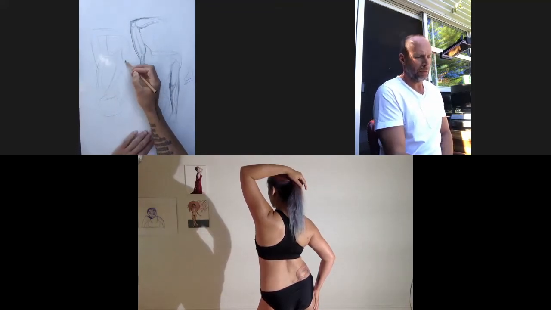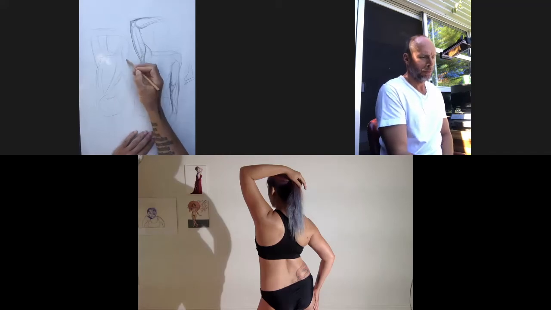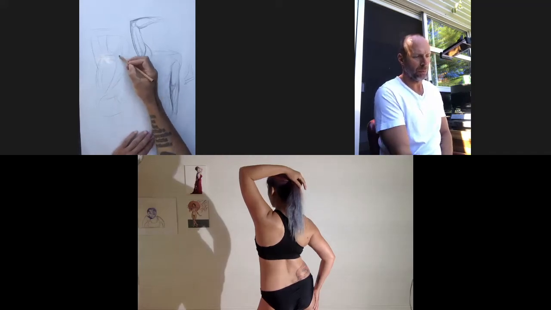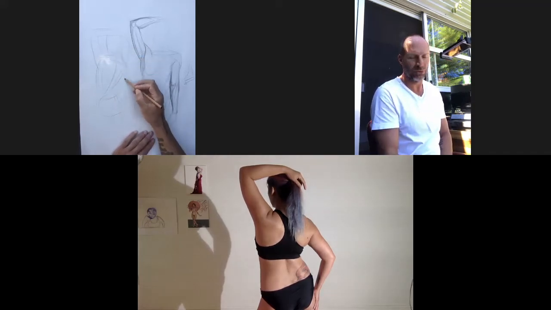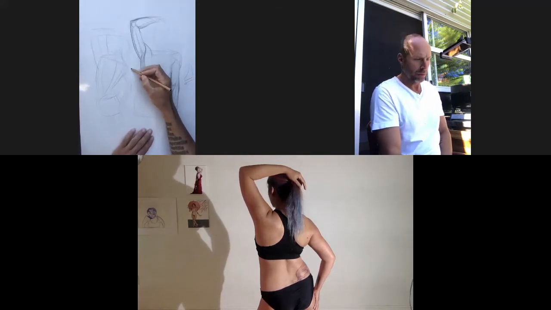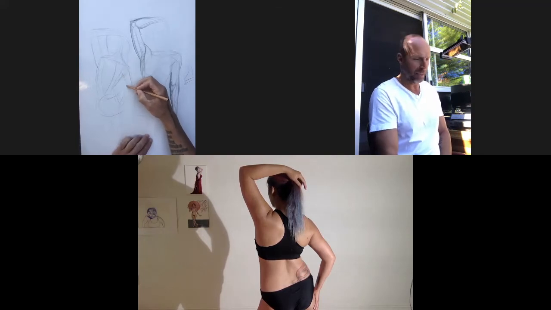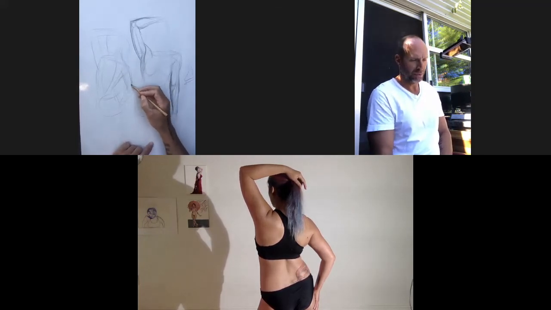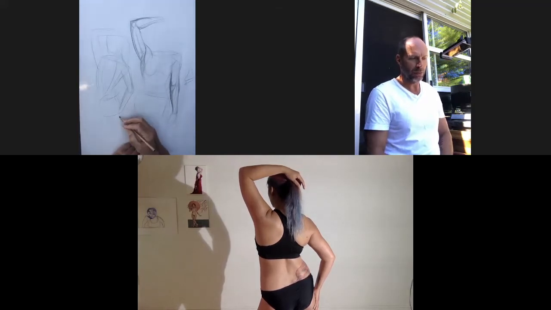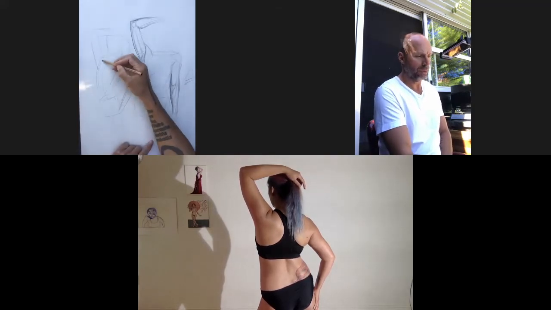So again, don't diminish the importance or overlook the importance of how the torso makes it easier to actually deal with the arms, because the only way that you're going to attach this to this accurately is having a rough idea of how this is twisting in space. Again, though, simplifying the arm, right, into those basic shapes, regardless of the position that it's in.